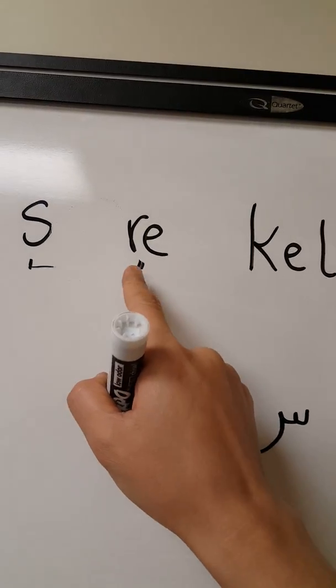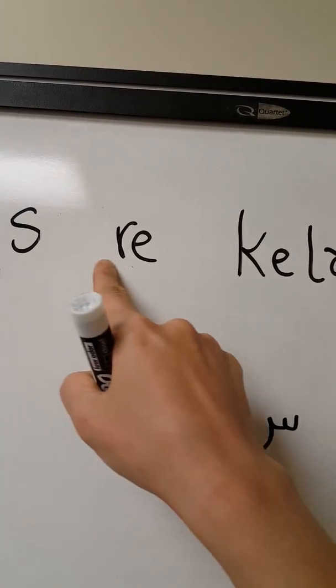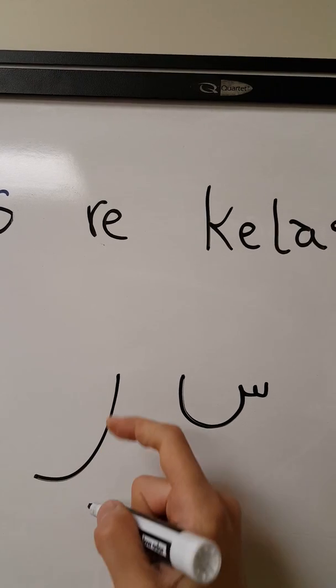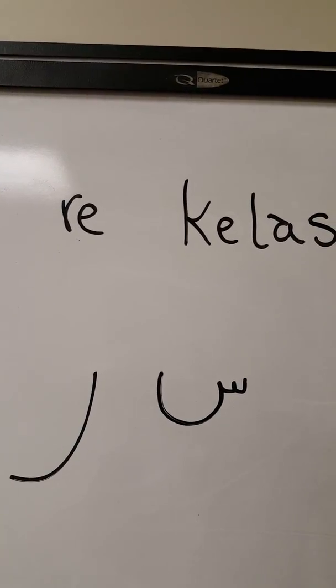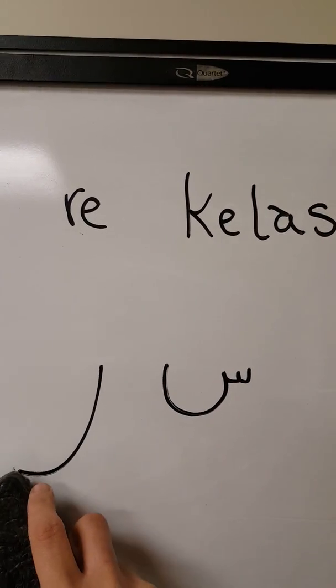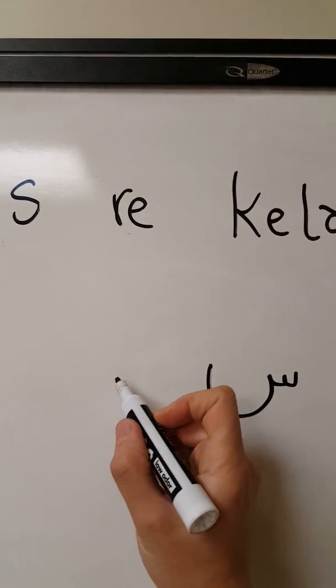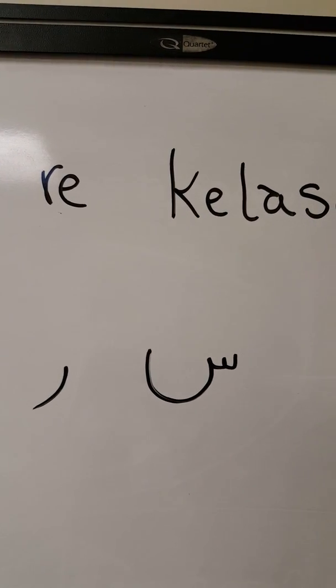And for letter R in the Persian alphabet, you have to write it like this. It doesn't have to be like a monkey's tail that long. It can be very nice looking and short.